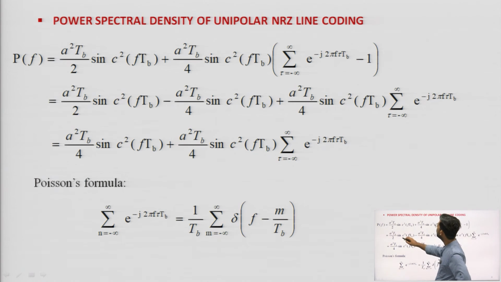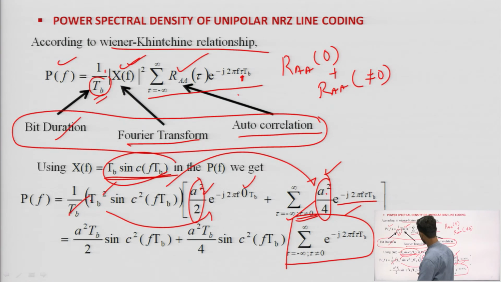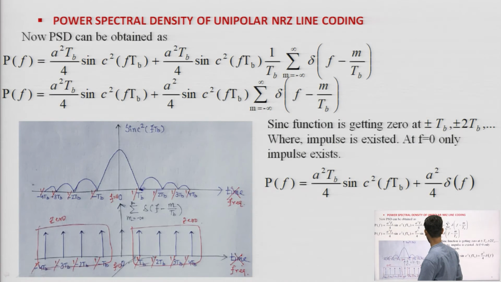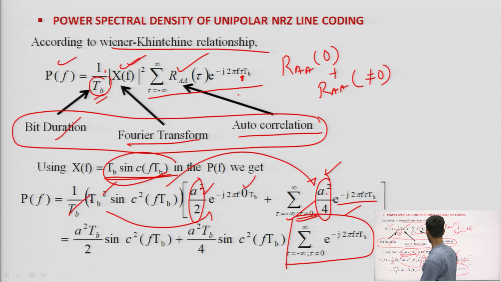Now, the first term is the same as the previous one. Now, A square TB by 4 sinc square f TB, okay. This is how I will write, because in this summation I have also included 0, so I have to extract 0. If I put 0 in this case, I will get 1.